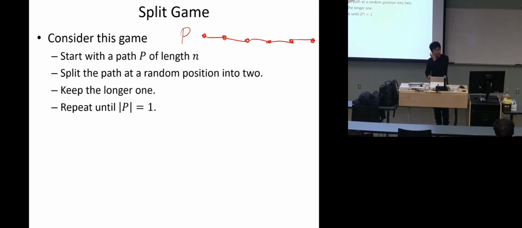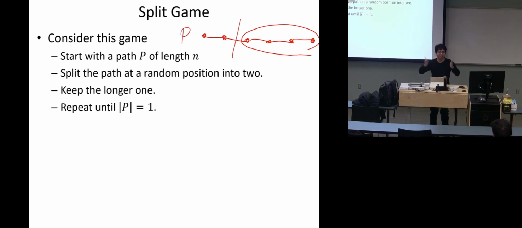Suppose that what I do is split the path at a random position. When I split, I keep the larger half. And then I just repeat this until my path has length 1.